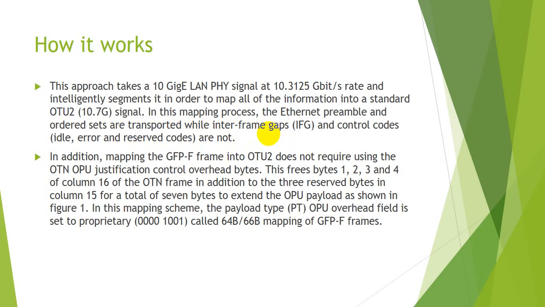That is intelligently discarded or taken care of by the GFP framing procedure, and then some is reduced. If some bytes or bits are not required to be sent, where the work is duplicate, they are removed, and then the same bit rate is achieved and mapping is done.